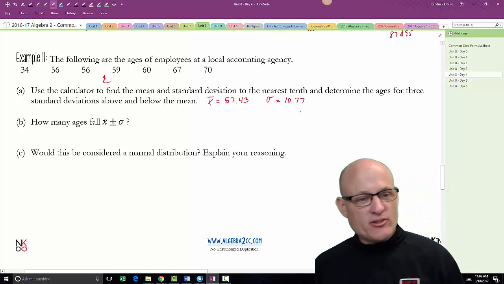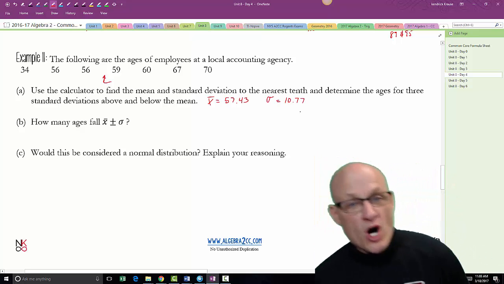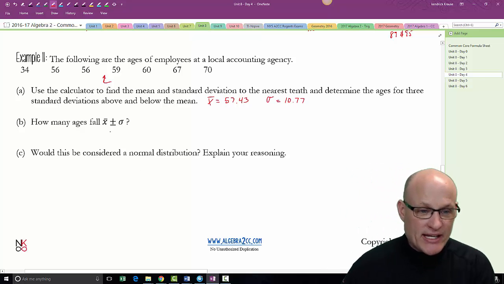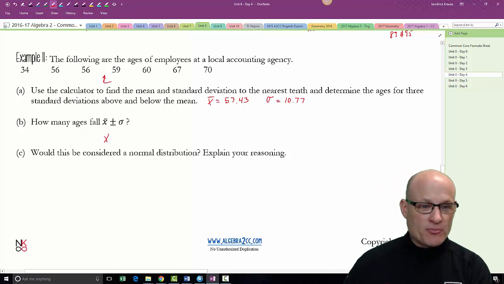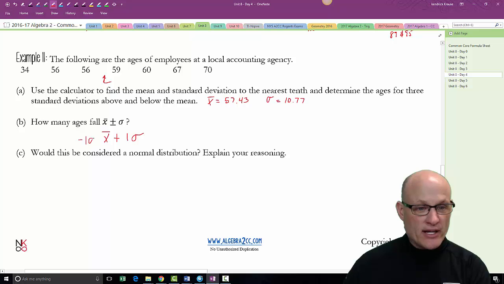So how many ages fall within one standard deviation? What I'm saying here is really X bar plus 1 standard deviation and X bar minus 1 standard deviation. So all I've got to do is take this 57.43, don't round it, and add 10.77.